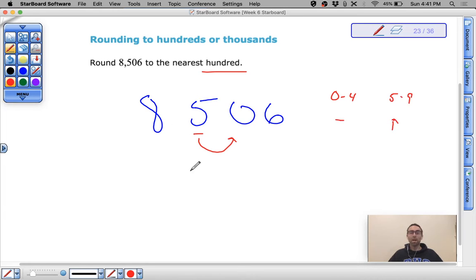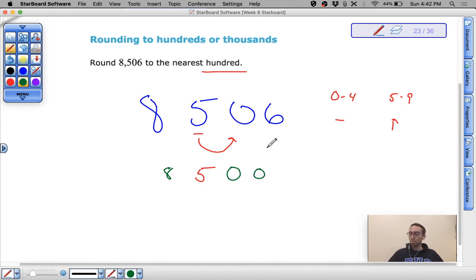So that means this 5 stays exactly the same. Then I take all the digits to the right of this 5 and make those zeros. So my answer is going to end in 500. And to the left, all those digits stay exactly the same. So 8,500 would be your answer here.